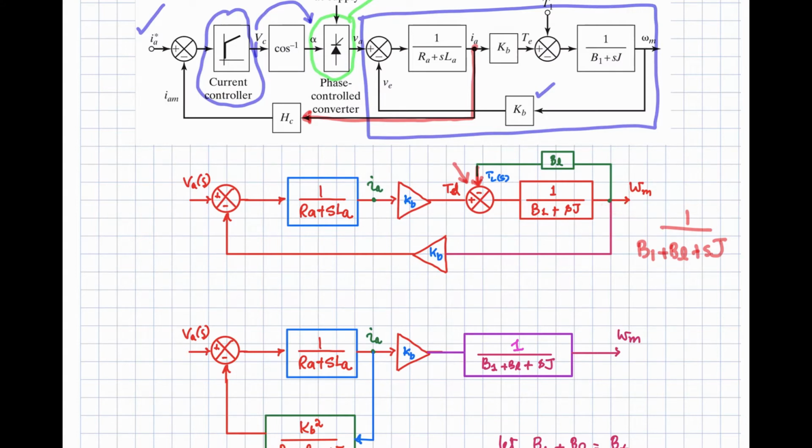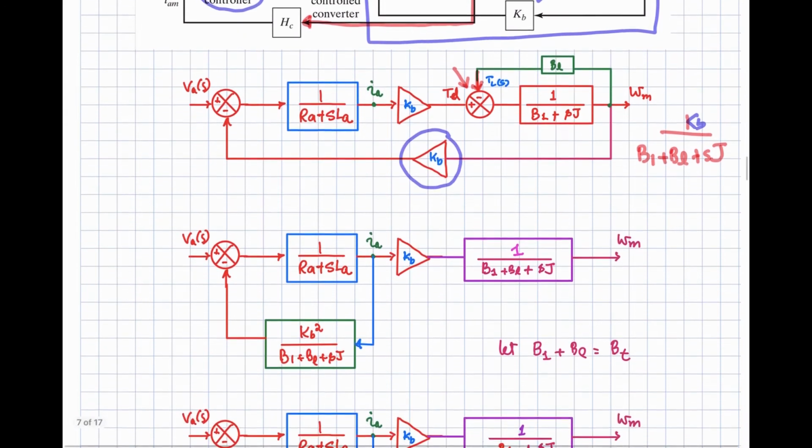Along with that we have KB. If you want to move this one to this position, KB will be multiplied with this. So this can be written like that, KB divided by (B1 plus BL plus sJ), and that will be multiplied with this one. So here you can see KB square divided by (B1 plus BL plus sJ).